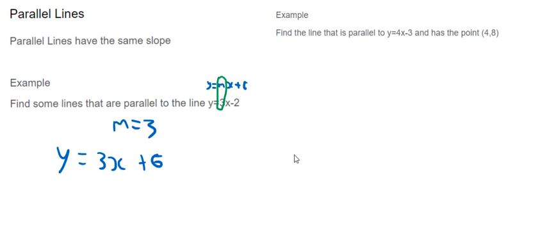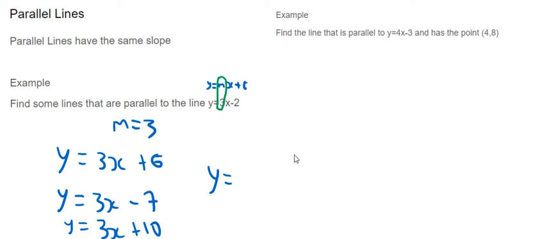That's all we're saying here. And then y equals 3x minus 7, y equals 3x plus 10. As long as you have the 3x, so y equals 3x plus something or minus something, it has to be parallel. So y equals 3x, that'd be another line.